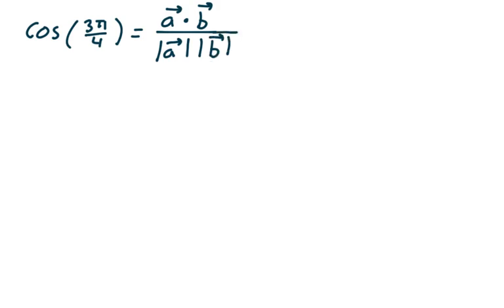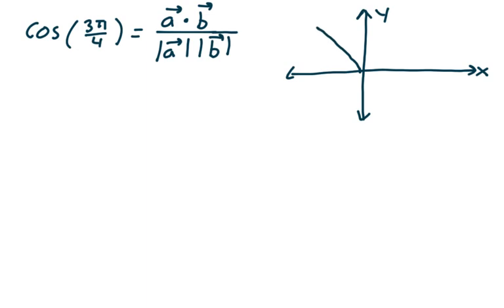And I like to draw where 3 pi over 4 is located. So here's the y-axis, here's the x-axis. 3 pi over 4 is somewhere over here. And the reference is going to be pi over 4. Okay?